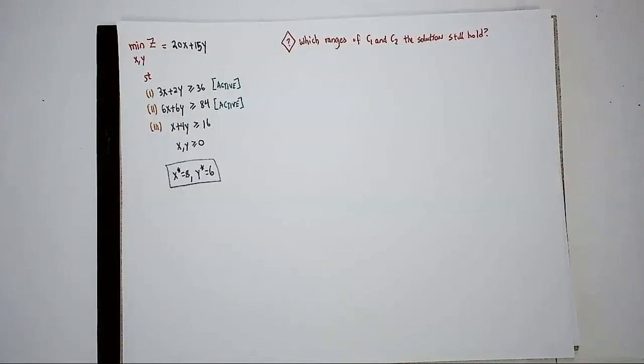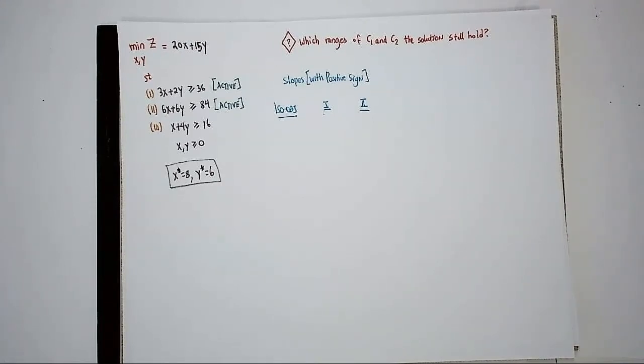We want to know under which values for the coefficients of x and y the optimal solution still holds. In order to compute the sensitivity analysis for the coefficients of x and y, we need the slopes of the iso-objective and the active constraints. Because the slope of the three lines is negative, we will omit the sign.